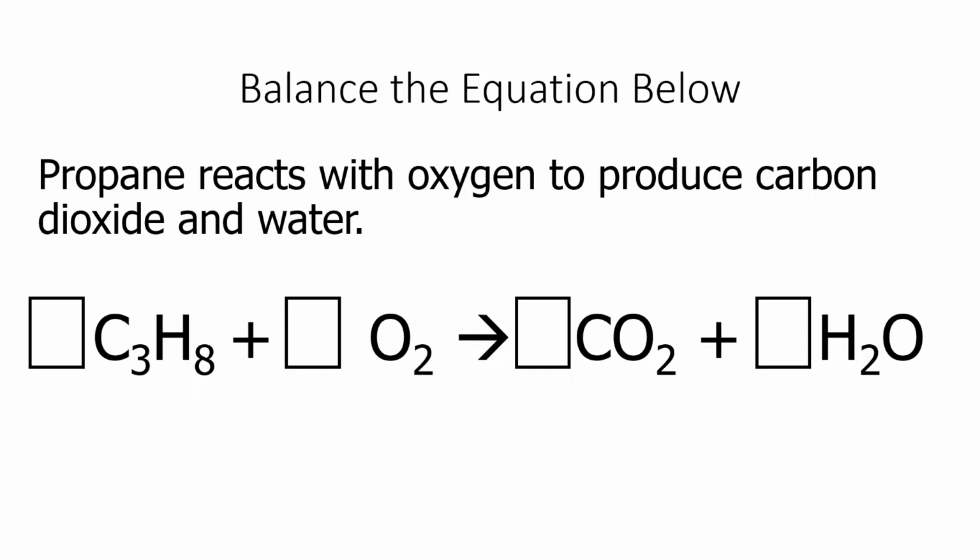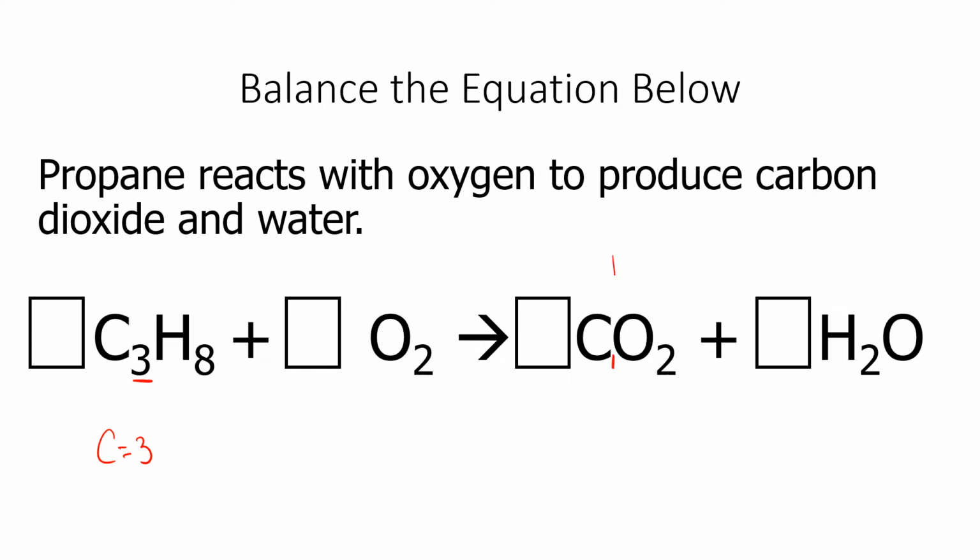Okay, so you usually start with your metals, but we don't have any metals in this particular equation. So the next thing is to start with our nonmetals, which is carbon. If you notice, there's a 3 next to this carbon, and that tells me there are 3 carbons here. And if I look on this side, notice there's only 1.